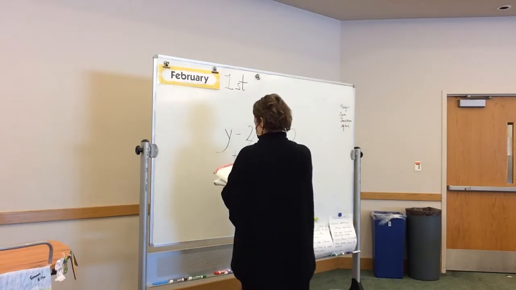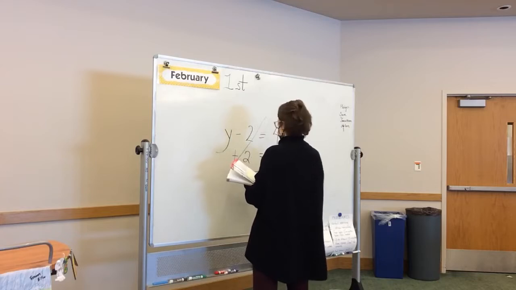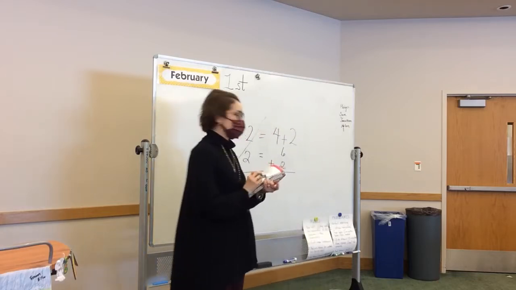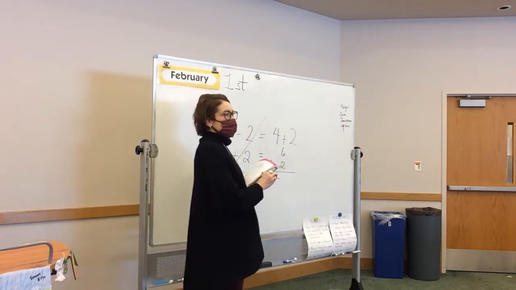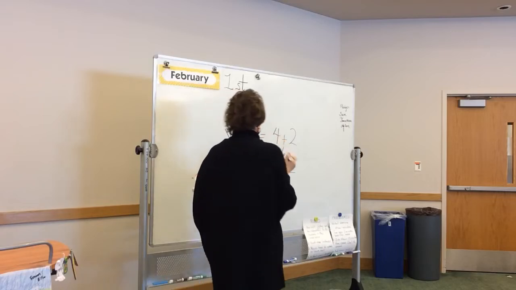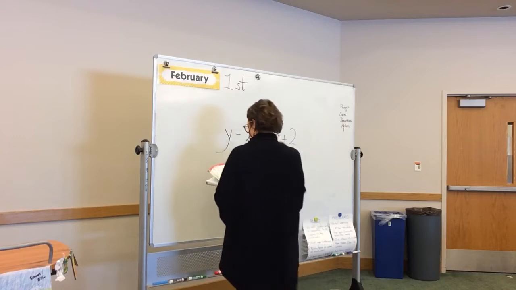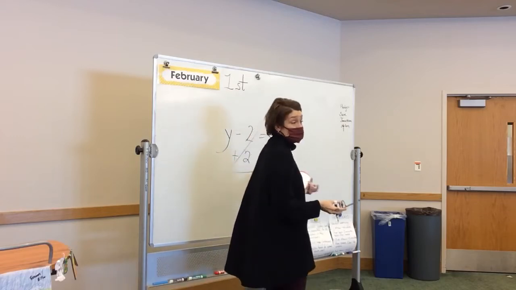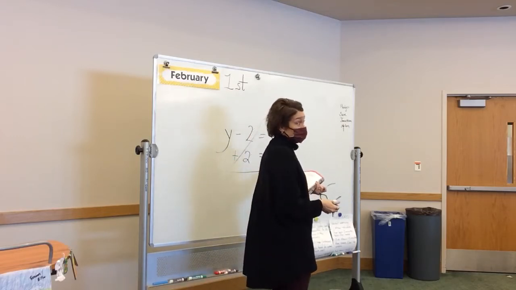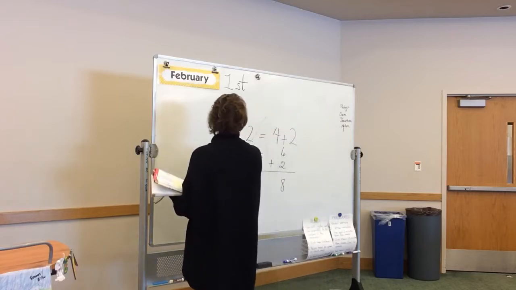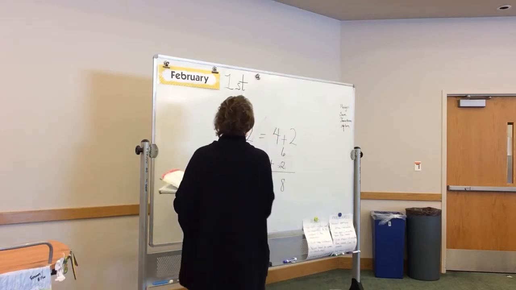So, what is 6 plus 2? James? 8. Yes. 8. So, have we solved the mystery? Yeah. We have. Y is what? 8.